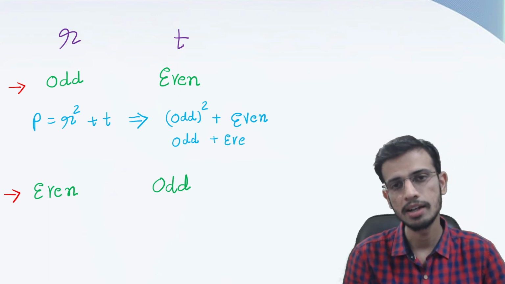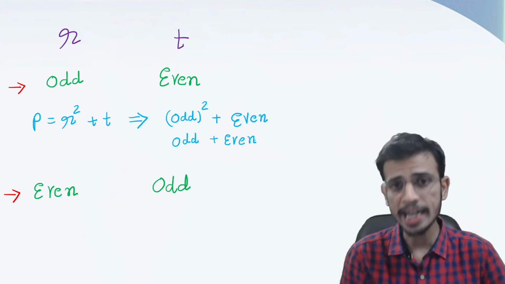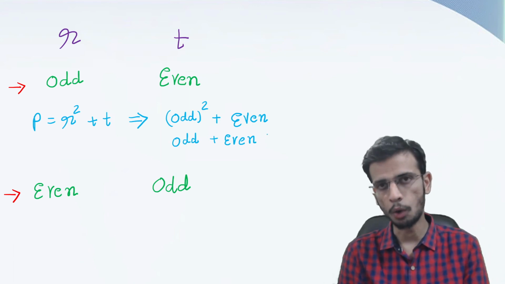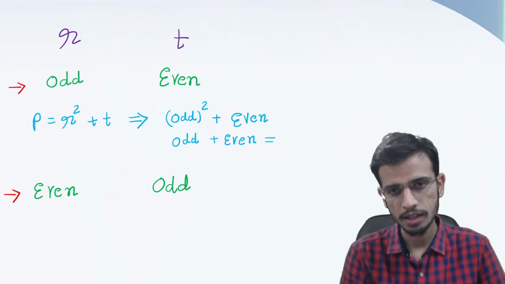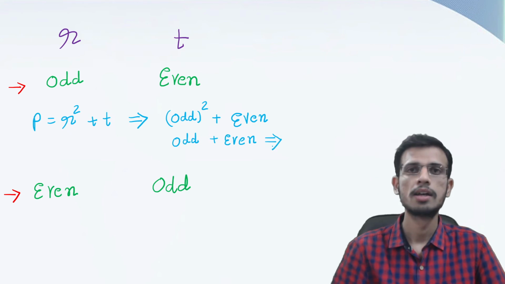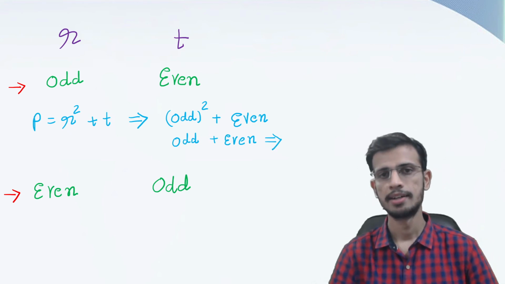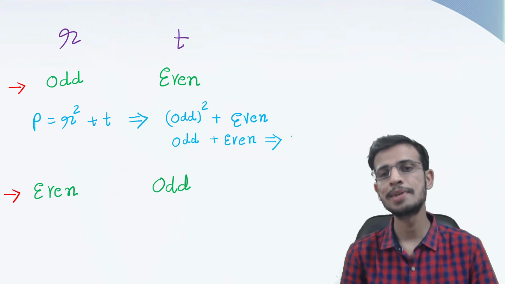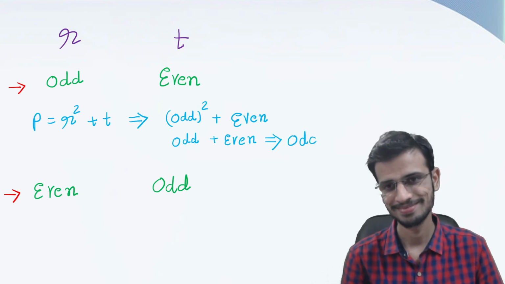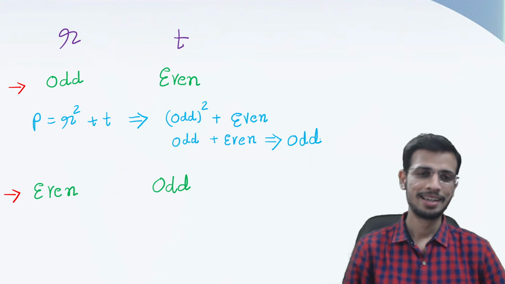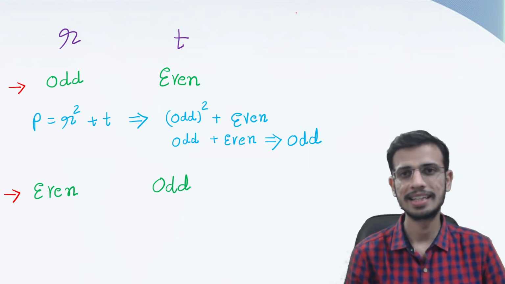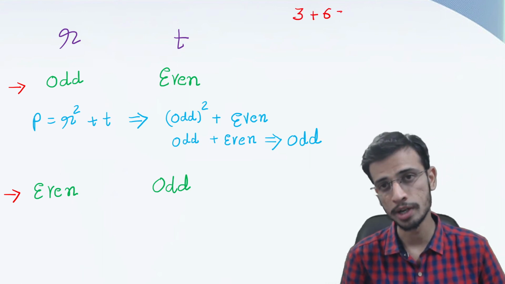If you are adding an odd and an even number, you can say 3 plus 6. 3 is odd, 6 is even. So the sum of an odd and an even number will always become odd. We are taking 3 plus 6, that is 9, an odd number.